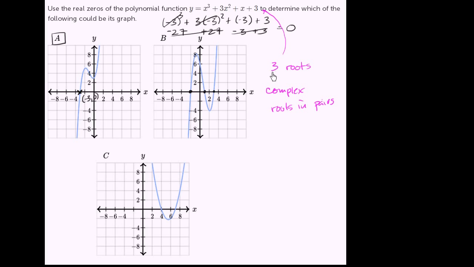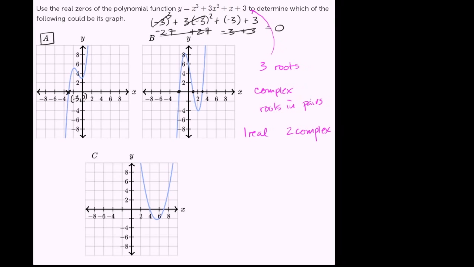So you might have a situation with 3 real roots, and this is an example with 3 real roots, although we know this actually isn't the function right over here. Or if you have one complex root, you're going to have another complex root. So if you have any complex roots, the next possibility is 1 real and 2 complex roots. And this right over here has 2 real roots. That's not a possibility. That would somehow imply that you have only one complex root, which is not a possibility.